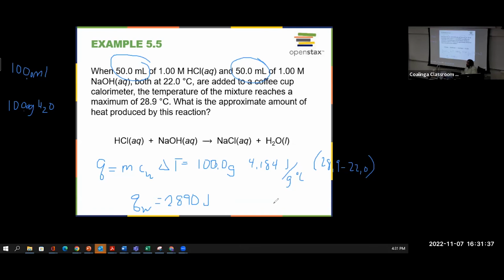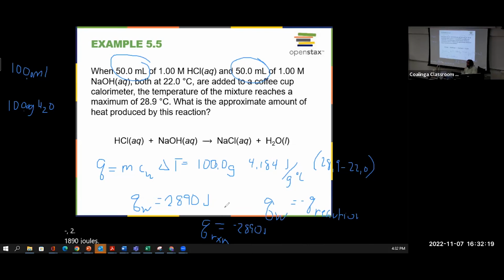Okay, so we also know that Q water is going to equal minus Q of reaction. So then Q of our reaction is going to equal negative 890 joules.